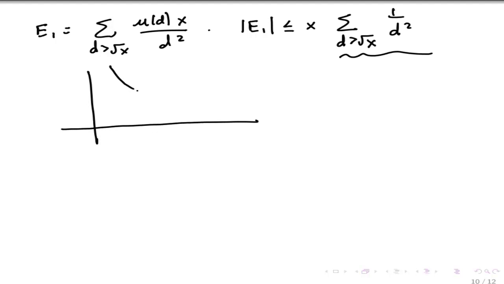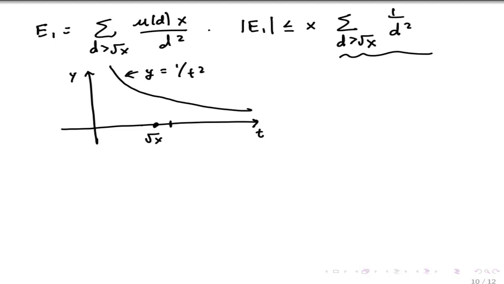So I'm going to draw the function y equals 1 over t squared. Call this the t-axis, this is the y-axis. And let's say we have square root of x right here.